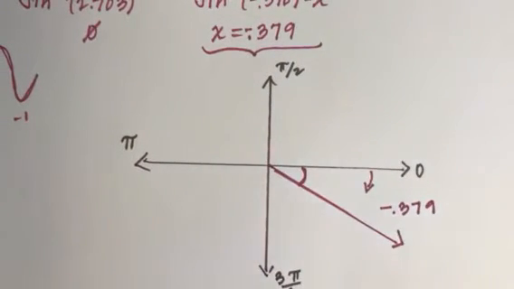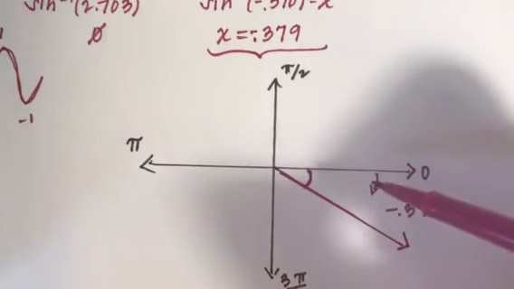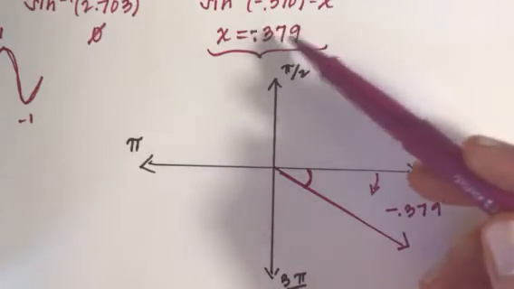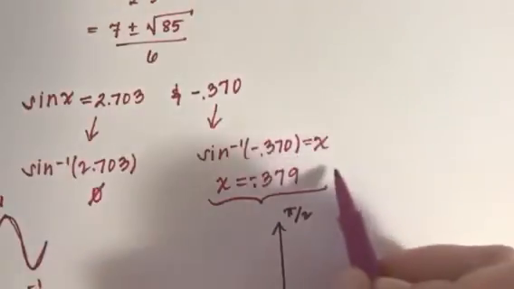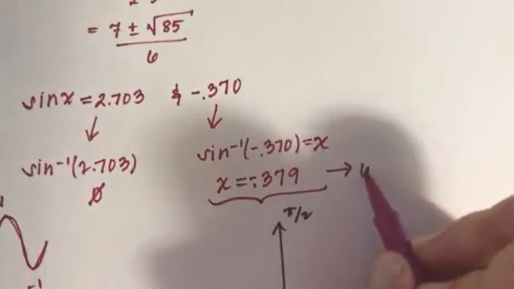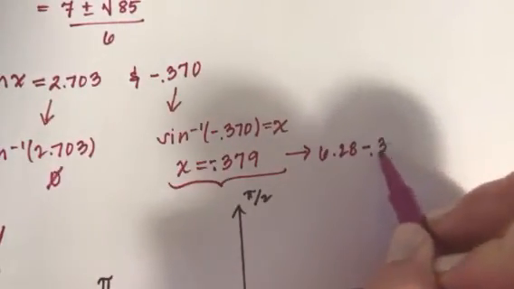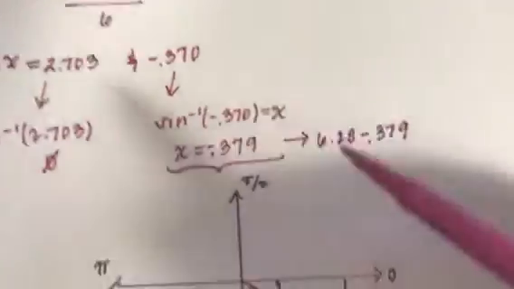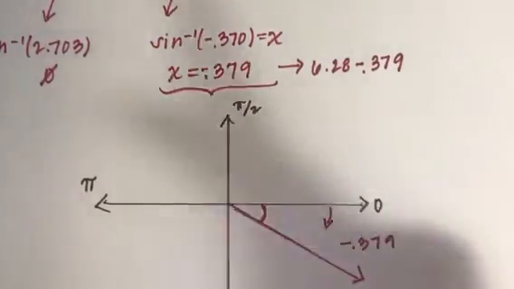So there are a couple of ways that I could figure out what that value should be, but probably the easiest way would just be to go from 2 pi and subtract that value. So if I have 2 pi, again that's 6.28, so one of my solutions would be 6.28 minus 0.379, because this is my 2 pi right here, and I've gone down negative 0.379.